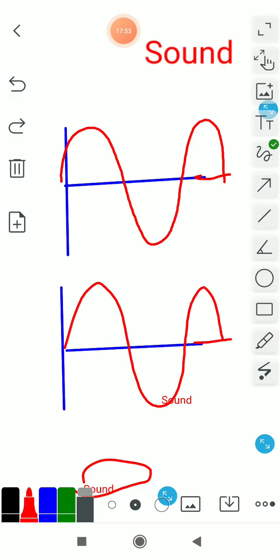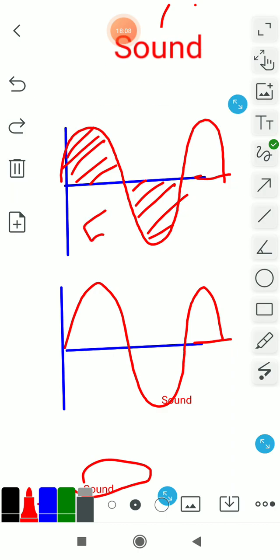Suppose for case 1, to complete one full oscillation, this graph is taking 5 seconds.